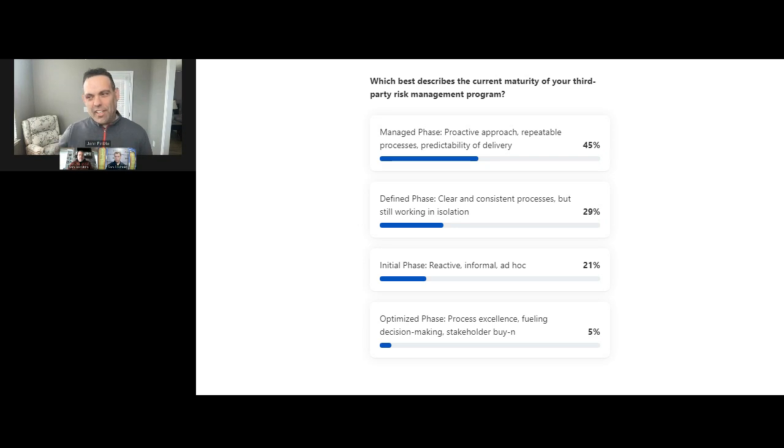That's essentially pushing out that optimized target even further. And I think that change is going to happen every year. There's going to be a new thing to consider and fold in. So I'm not surprised with that 5.3% in the optimized phase. I think we got some very conservative risk professionals on the phone here that are cautiously scoring themselves.